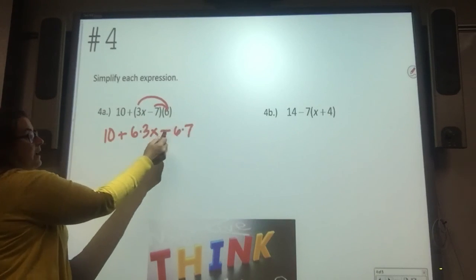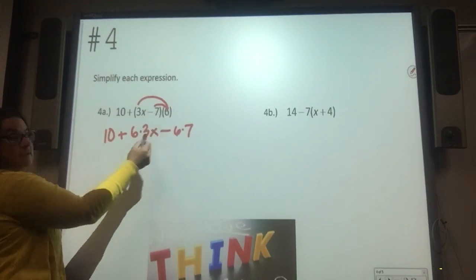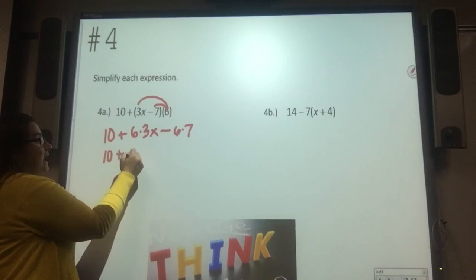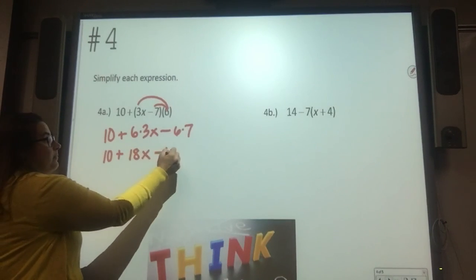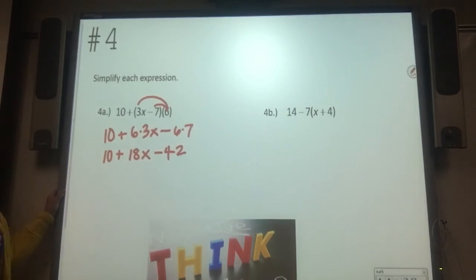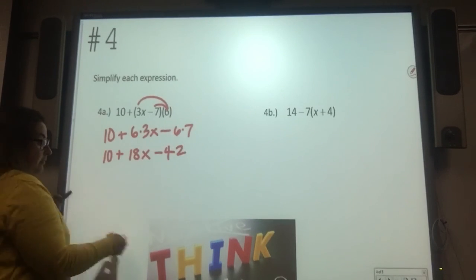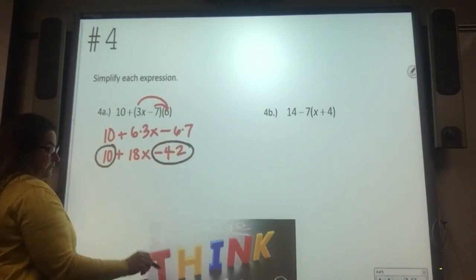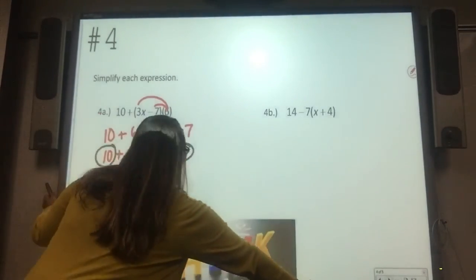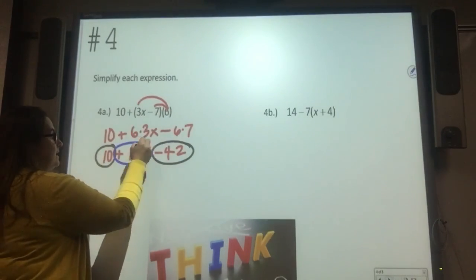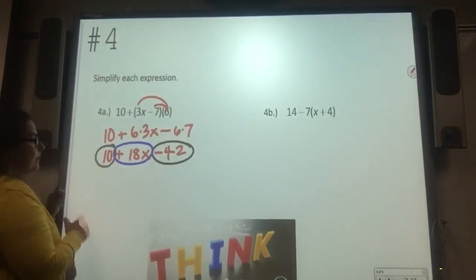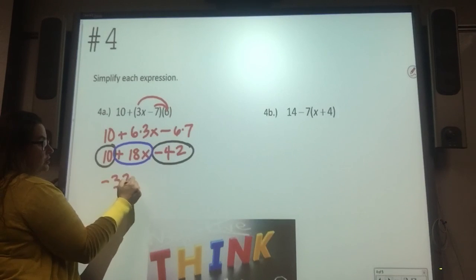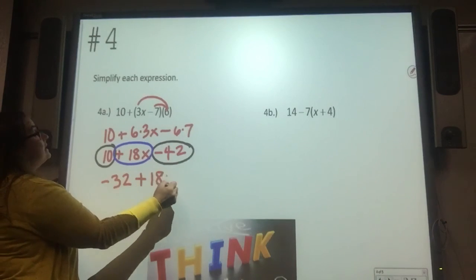How did I know it was minus? Because here's a subtraction sign. So 10 plus 18x minus 42. I'm going to combine my like terms. 10 and minus 42 and 18x. 10 minus 42 is negative 32 plus 18x.